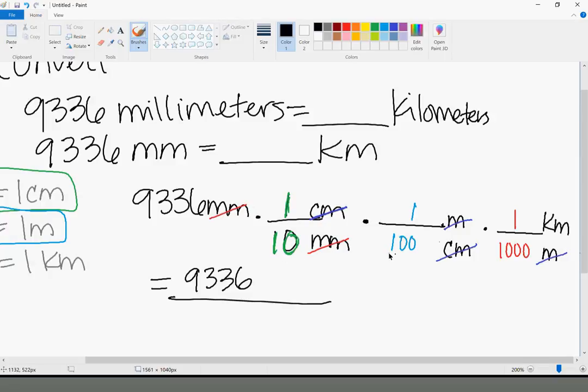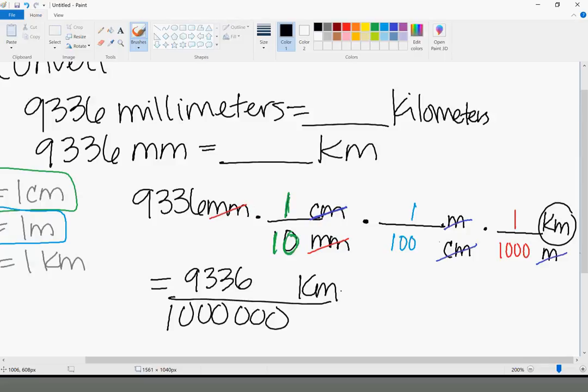Over 10 times 100 times 1,000, you can just combine those zeros, and then that is your fraction, and you're going to end up with kilometers.